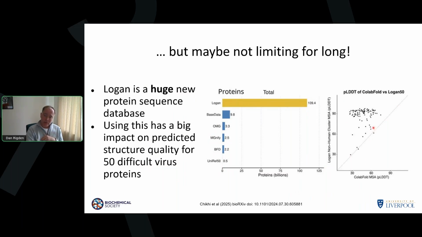And they show that the predicted quality of the models that you make when you make an MSA with Logan is much better than when you make an MSA with standard methods down here. So all of these proteins which are producing pretty horrible, useless models are suddenly producing high quality models with the benefit of this massive new database. So that's a real positive outlook.